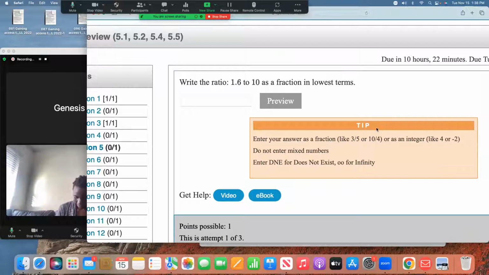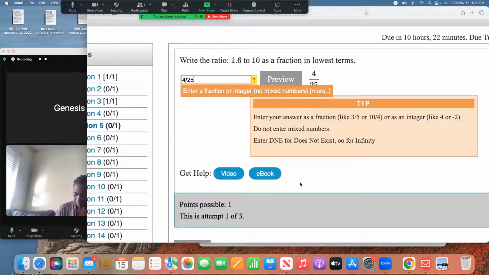But I think even better than 2, they both divide by 4. So 16 divided by 4 is 4 on top. 100 divided by 4, think of money, is 25. So the answer ends up being 4 over 25. Okay.